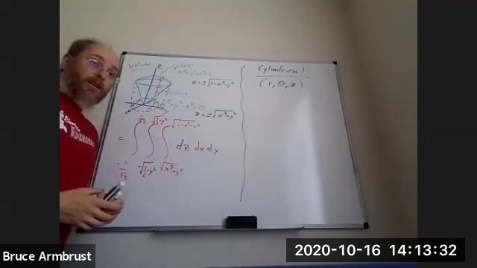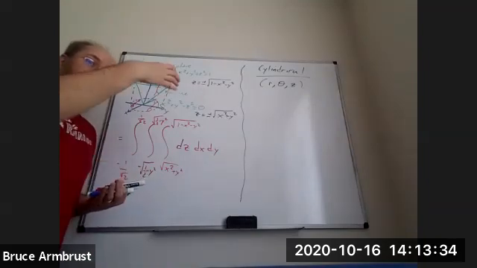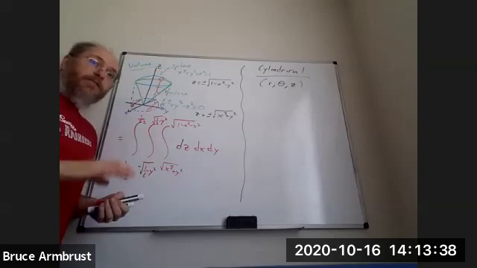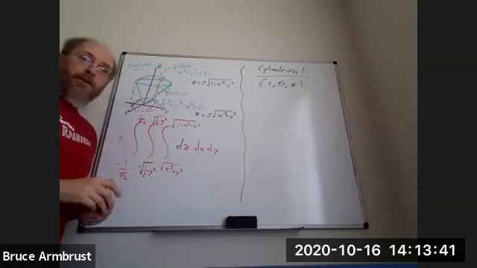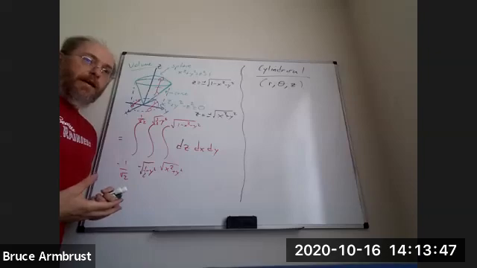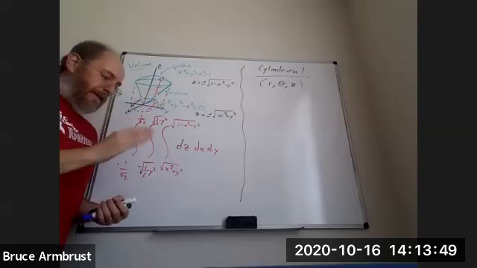Basically, it's polar, just extended out in the z direction. So the r and the theta are the same as from polar, and z is the same old z.